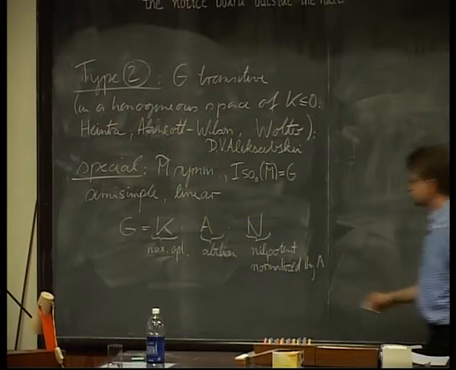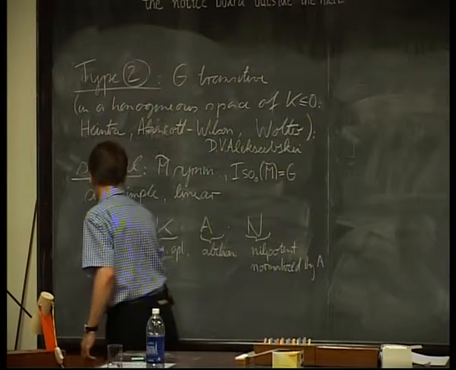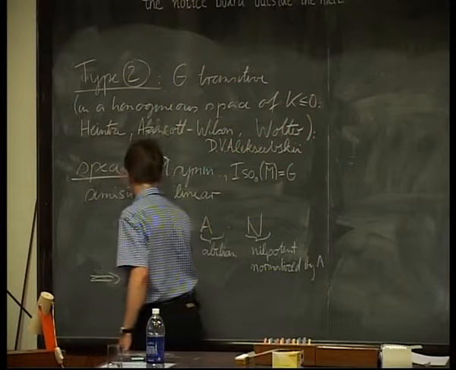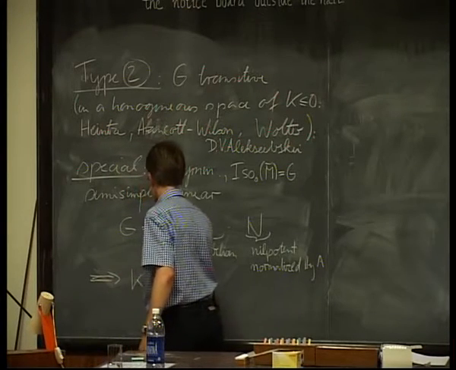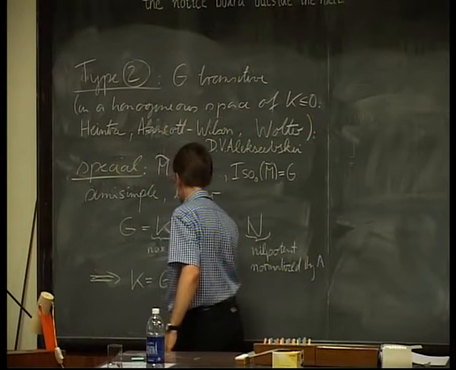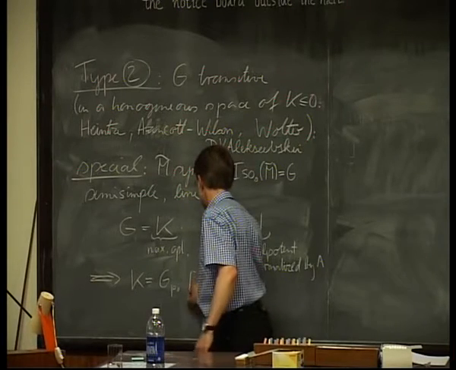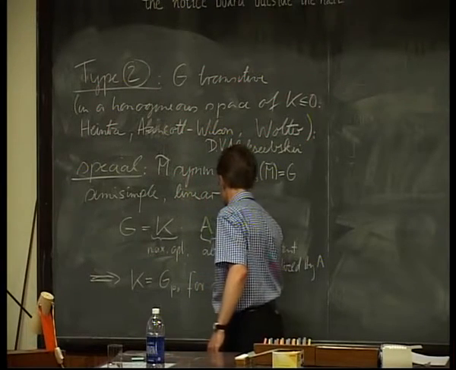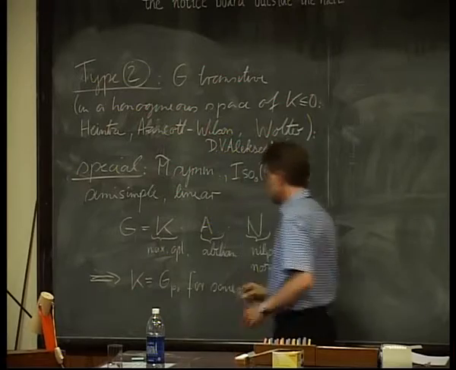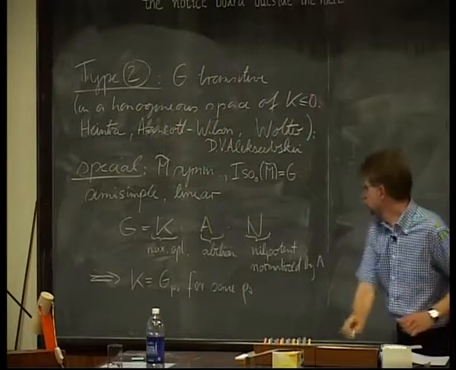And now we know from Cartan's fixed point theorem that a maximal compact subgroup fixes some point P naught, and is a stabilizer of P naught in a homogeneous space.